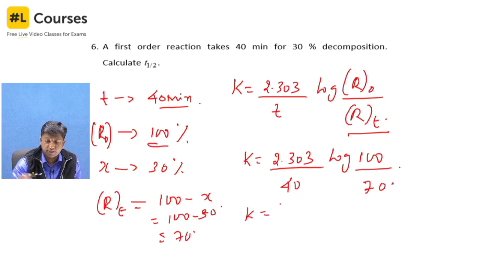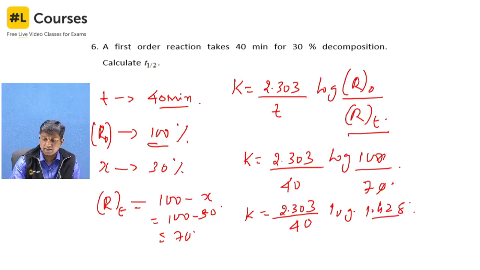Now you need to simplify this. Come on, any answer for this? So if you simplify this further, you are going to get k will be equal to 2.303 divided by 40 into log of, here if you simplify this, you are going to get 1.428, log of 1.428, you need to find out.